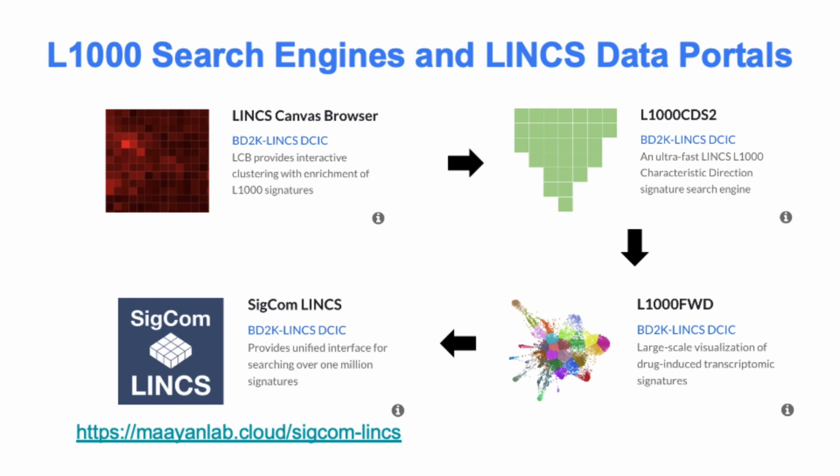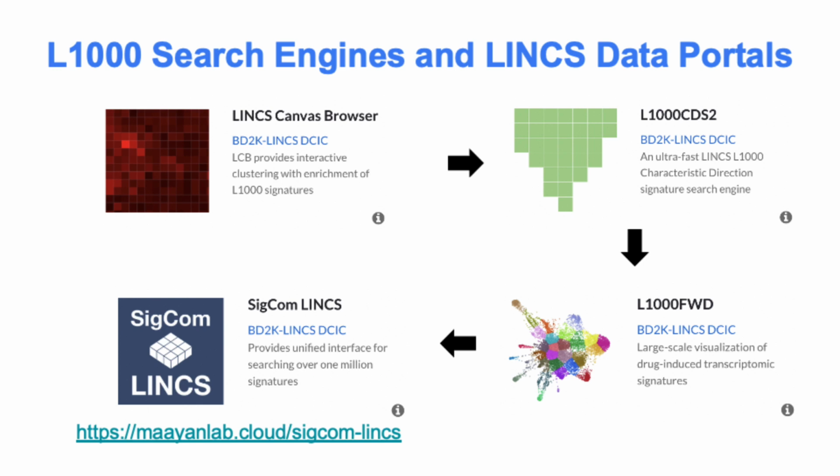So you come into those search engines with your data of, let's say, up and down genes, and then you get a ranked list of mimickers and reversers. And the most current app that we have for doing that is called SigCom LINCS. It was published 2 years ago.